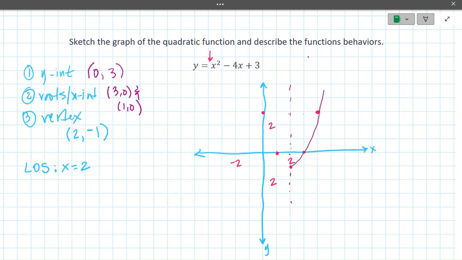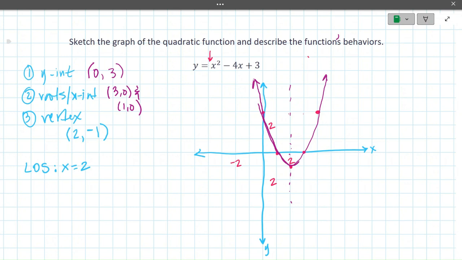It makes a gentle U shape. Okay, arrows on both ends because it goes on infinitely. So if I were to describe the function's behavior, what I could talk about is all these points and the line of symmetry that I know.